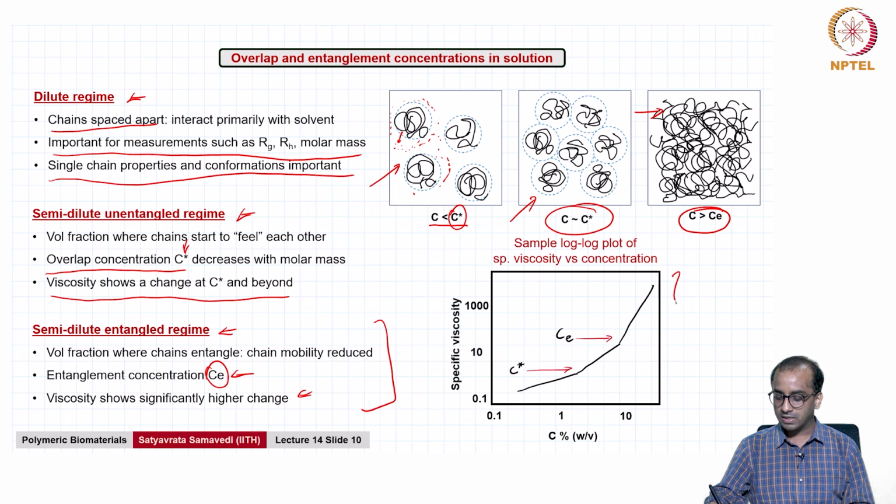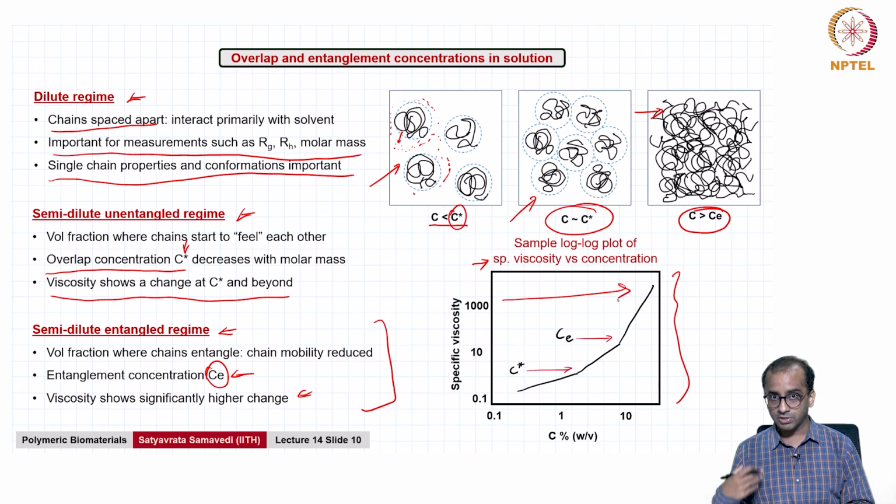So shown here is a sample log-log plot of specific viscosity versus concentration, where you see that as you keep going from left to right, you are increasing the polymer volume fraction or concentration in solution, and you come across two points where below the C star, we are talking about dilute. Between C star and CE, you are talking about semi-dilute unentangled, and above CE, you are talking about semi-dilute entangled.